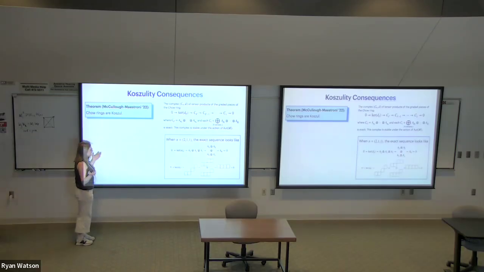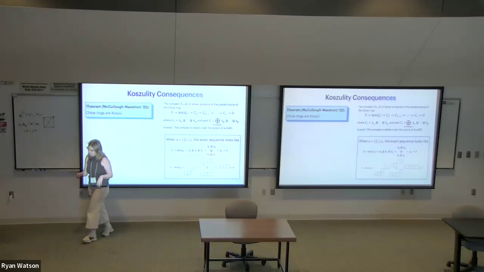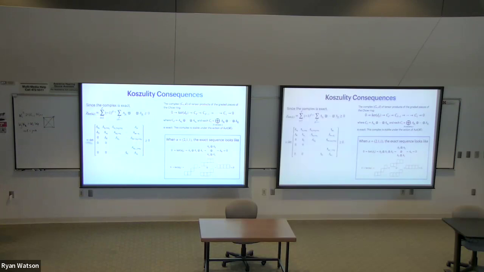So maybe I take 2, 1, 1. I get the exact sequence that looks like this for my causality. And as a consequence of the causality, that this is an exact complex, I get that these determinants are non-negative.